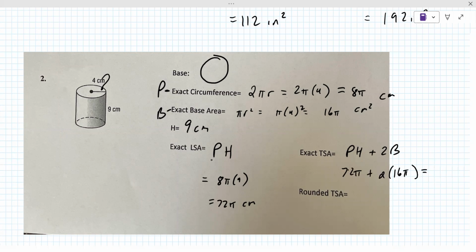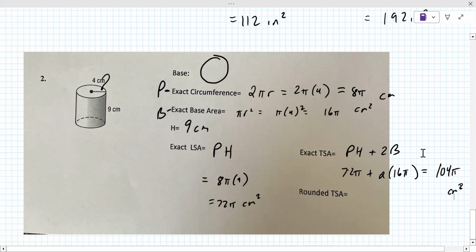So 72 pi plus 2 times 16 pi. Centimeters squared goes at the end.